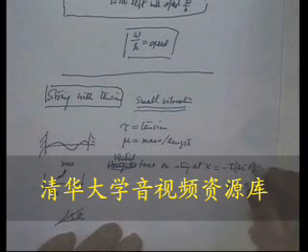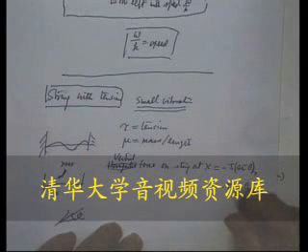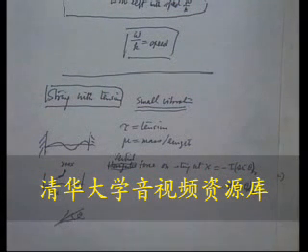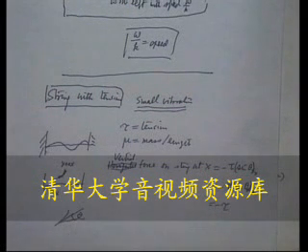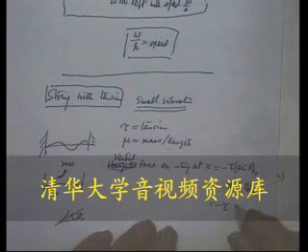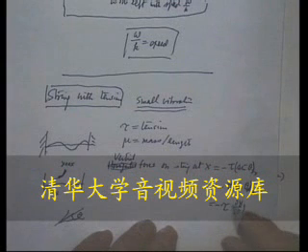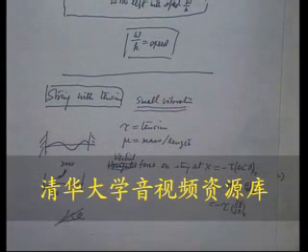Sin theta at the point x, tangent theta at the point x, which is equal to minus tau. What is the tangent theta? Tangent theta is the derivative dy dx at the point x.